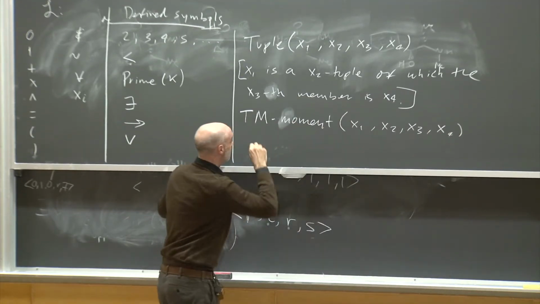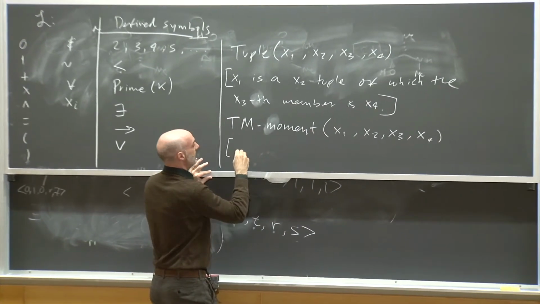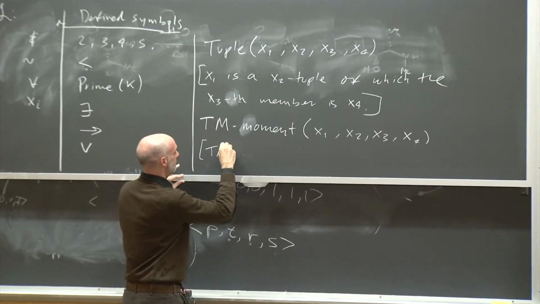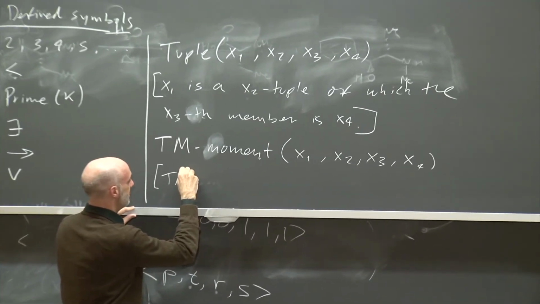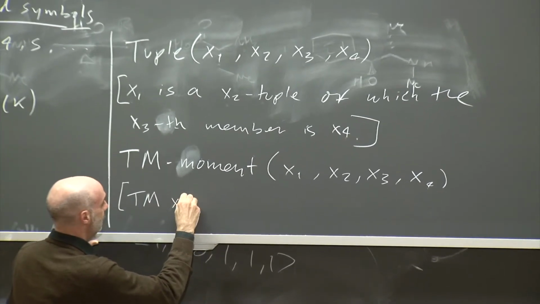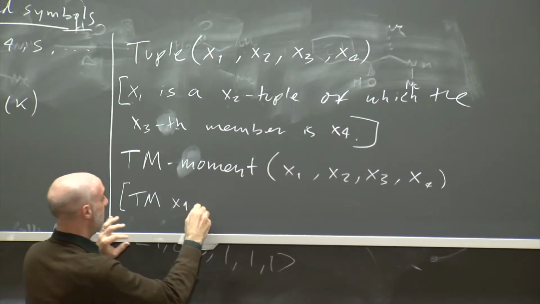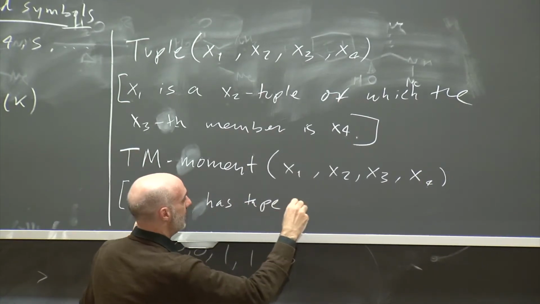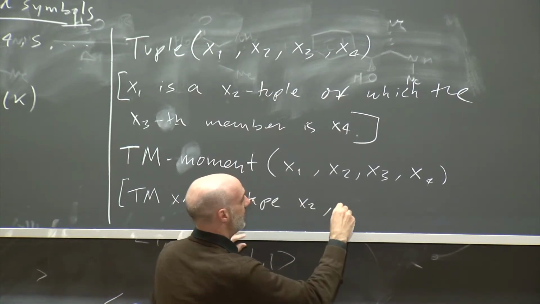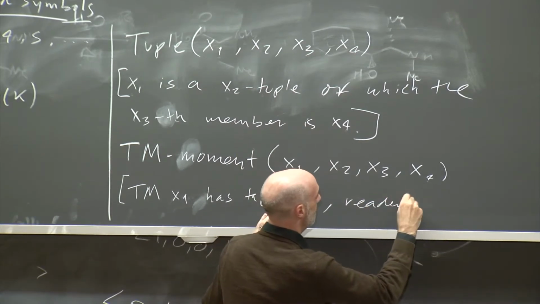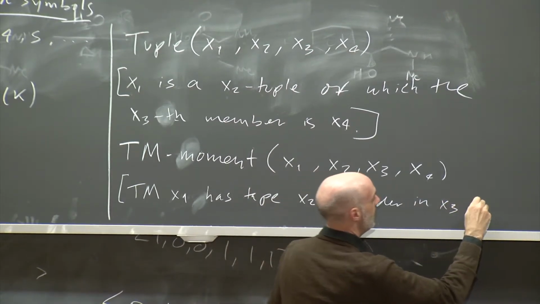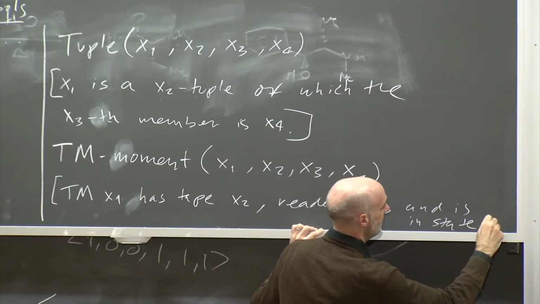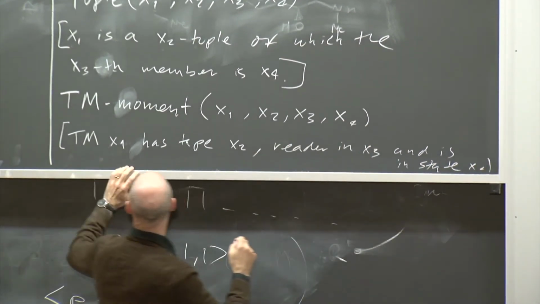And that's a predicate which is true if, so that just says Turing machine x1, in other words, having program x1, has tape x2, reader in x3, and is in state x4.